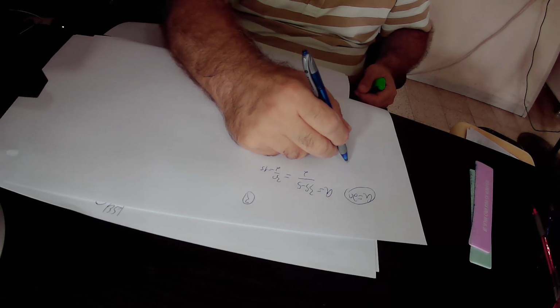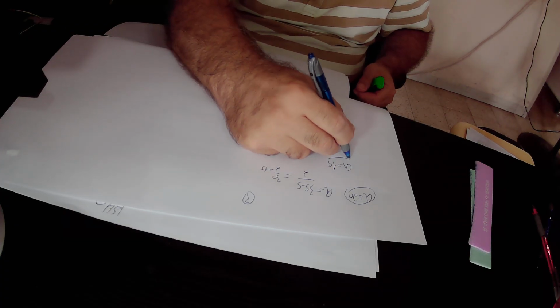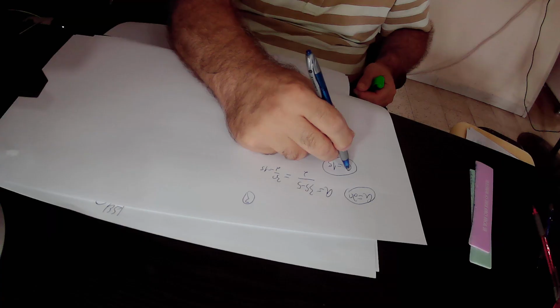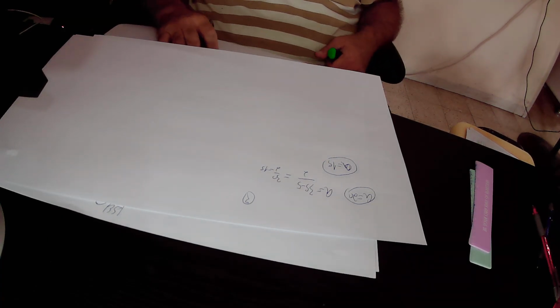So the second solution is a equals 15. And again, we have two solutions: a equals either 20 or 15.